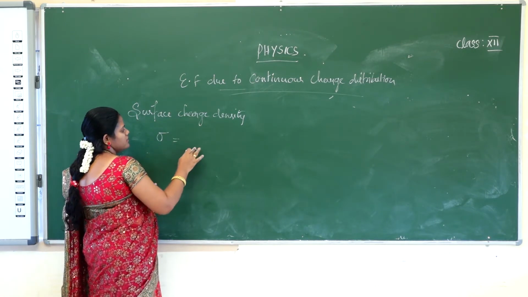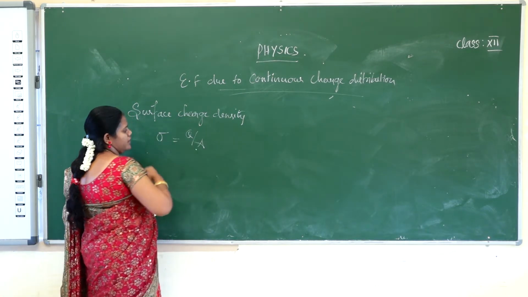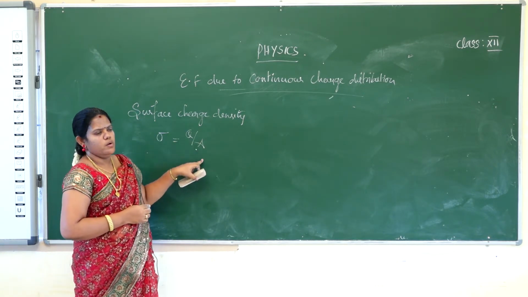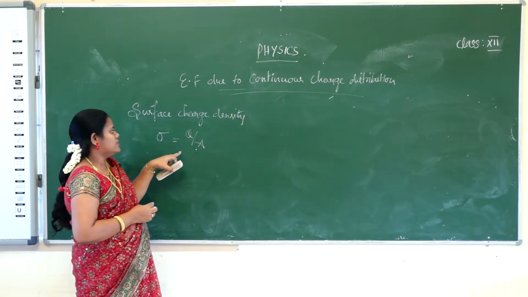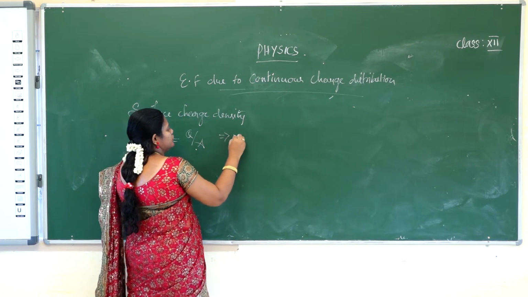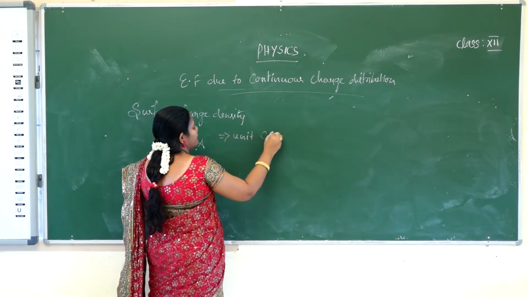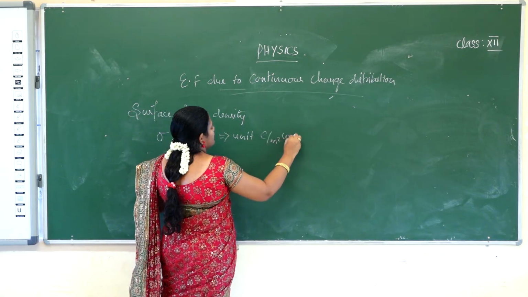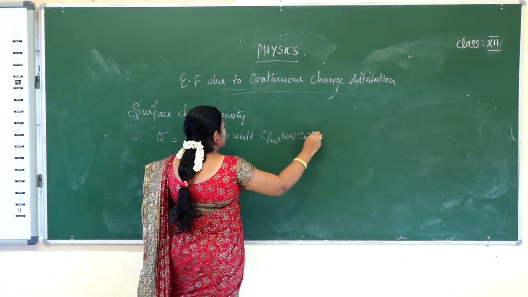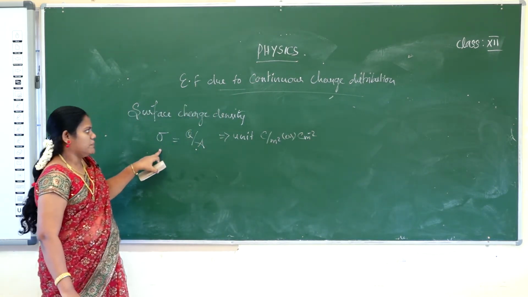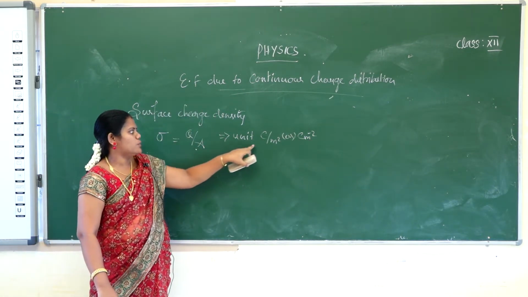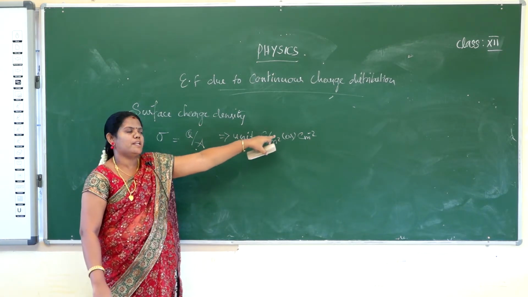Sigma is used, charge per unit area. What's the unit of surface charge density? The unit is coulomb per meter square, or coulomb meter to the power minus 2. So sigma is equal to q by A.